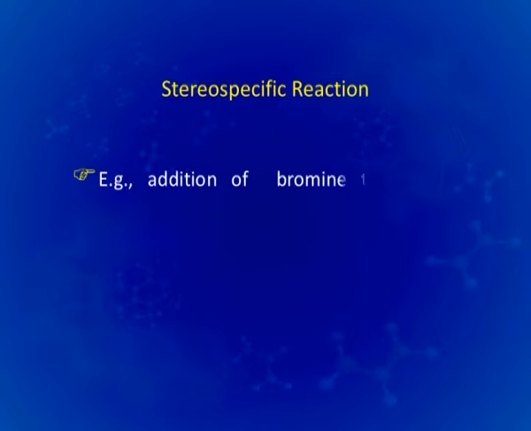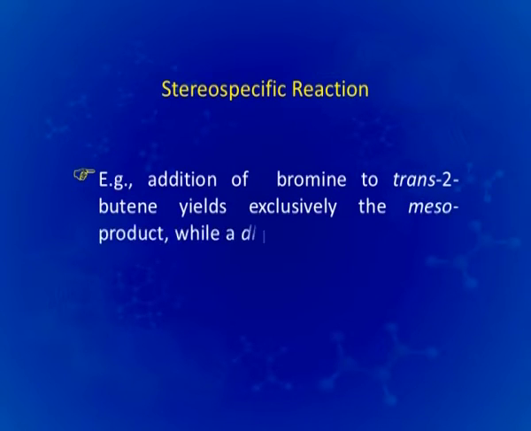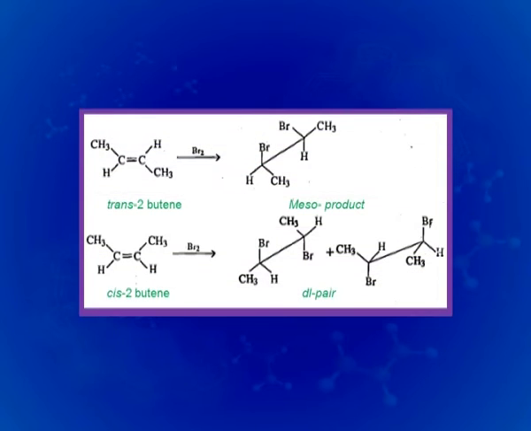Addition of bromine to trans 2-butene yields exclusively the meso product, while a DL pair is formed from cis 2-butene. We saw earlier that D and L are the two active isomeric forms of one compound, whereas the meso product is the one which has an optical activity of 0.